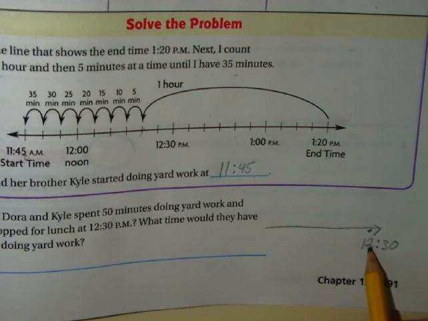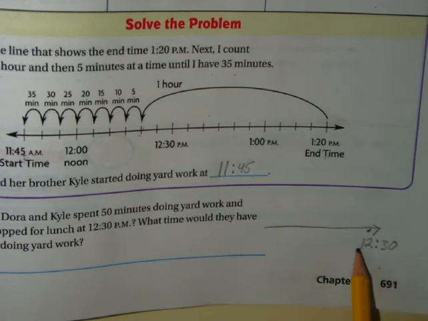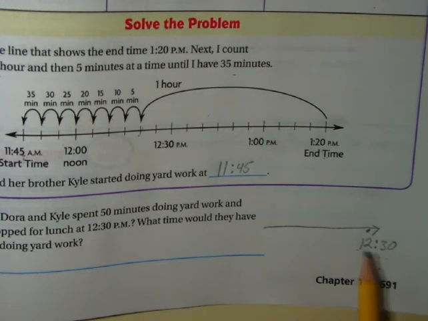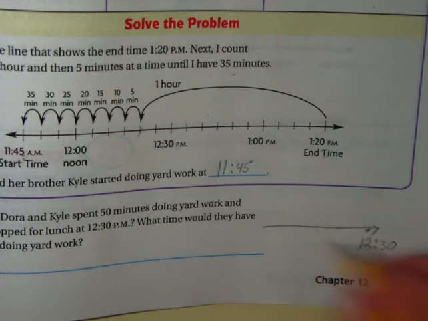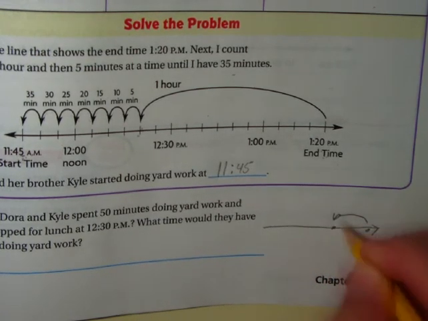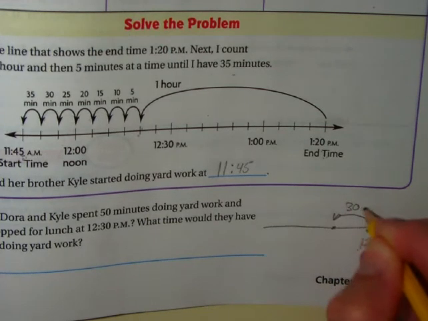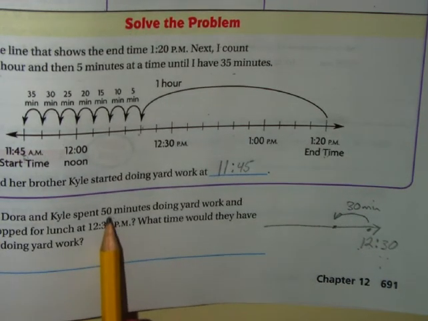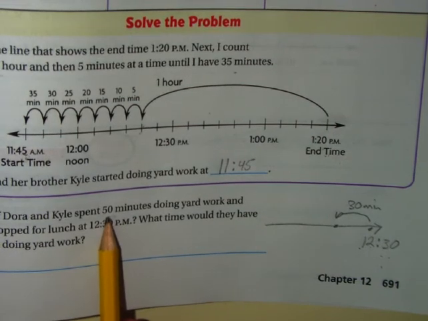I can also think of it this way. Well, I can go back from 12:30, 30 minutes, which would get me exactly at 12 o'clock noon. And if this is from here to here is 30 minutes, then that's 30 of the 50 minutes.